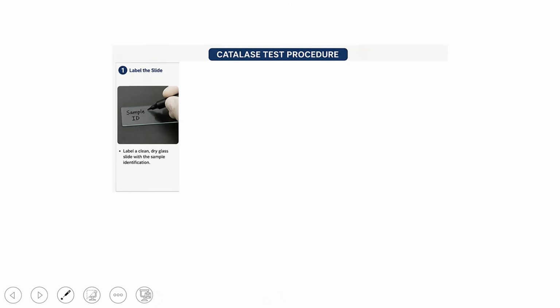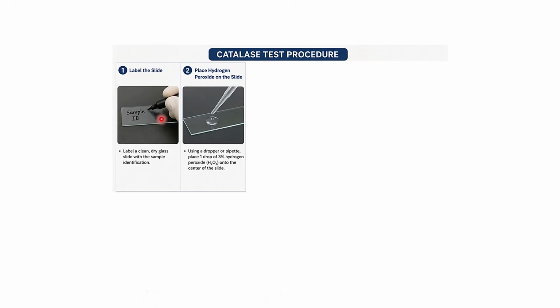Let's look at the steps involved in performing the catalase test in the laboratory. The first step is to label your glass slide with your sample identification as shown here. The next step is to use a sterile dropper or pipette to place a drop or two of the catalase reagent, which is 3% hydrogen peroxide, onto the center of the slide.